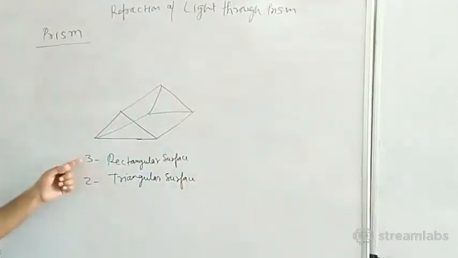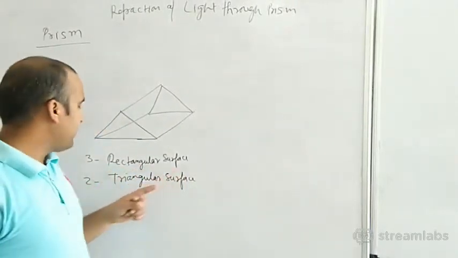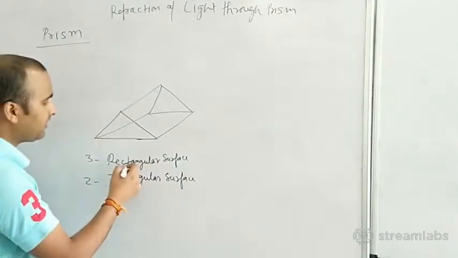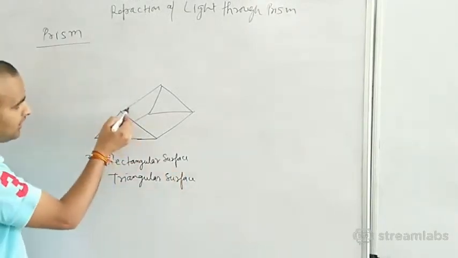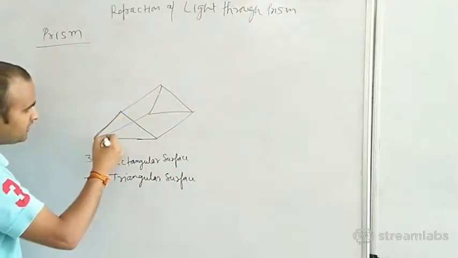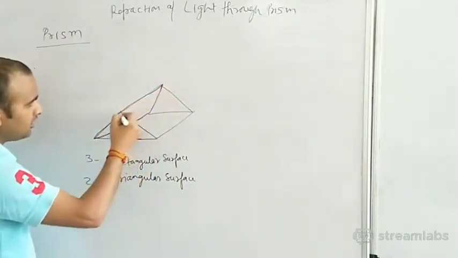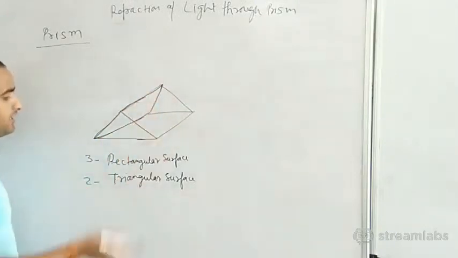This one is a rectangular surface, and this one is known as the refracting surface.